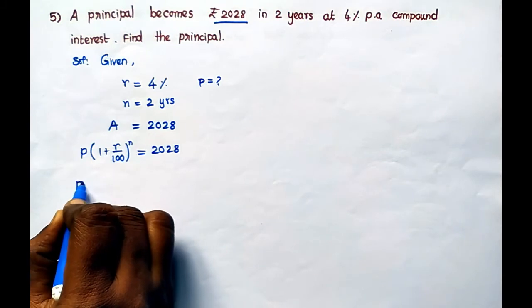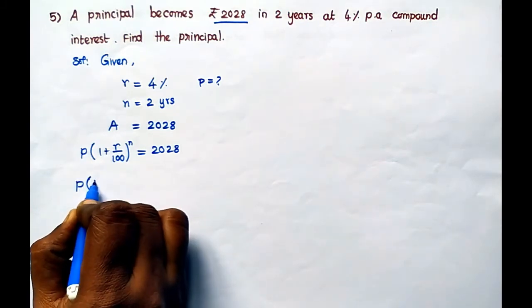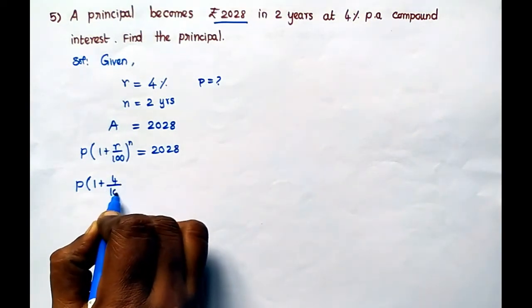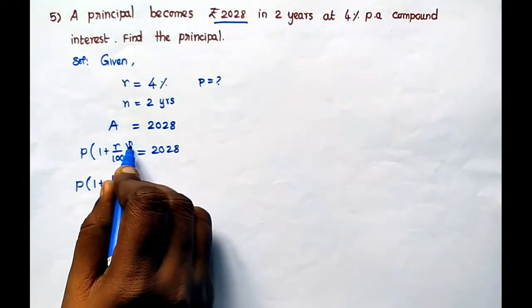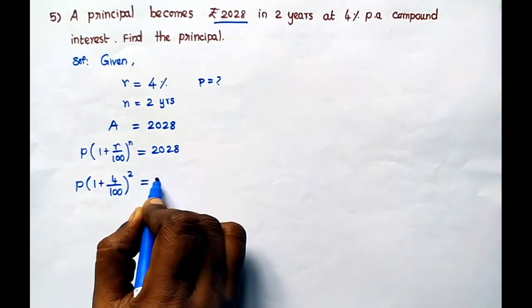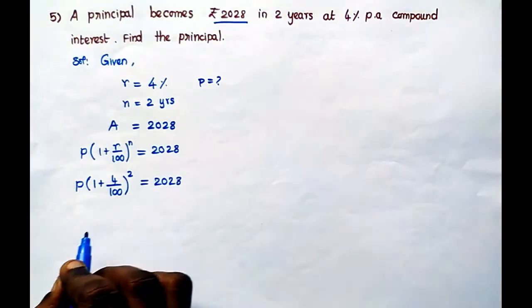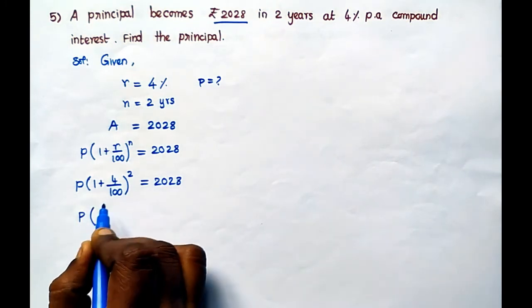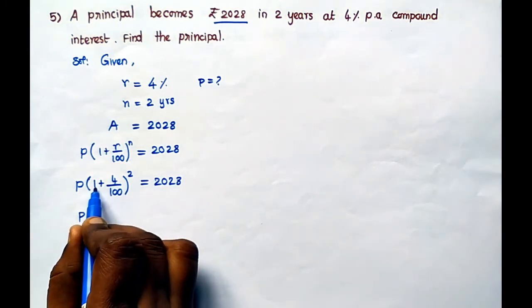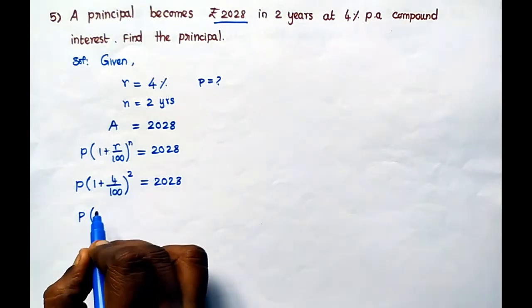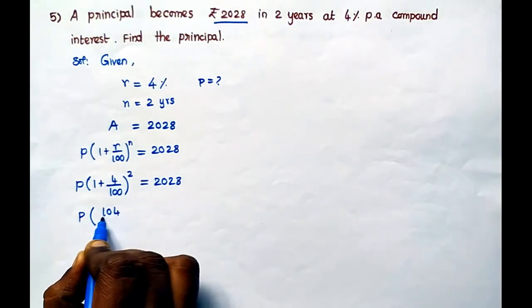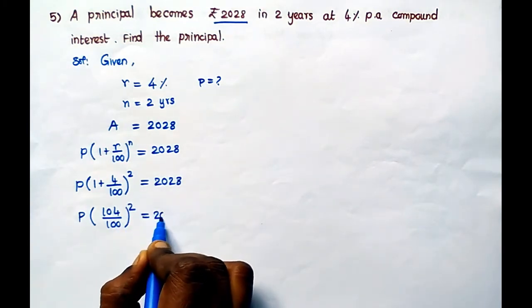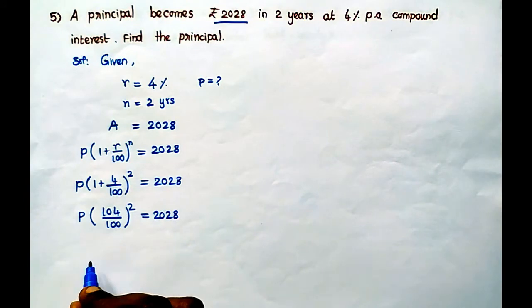Here we don't know P, so write it as it is, and 1 plus R is 4%, so 4 by 100 power number of years n is 2 equals 2028. Next step, (100 plus 4, 104) divided by 100 power 2 equals 2028.